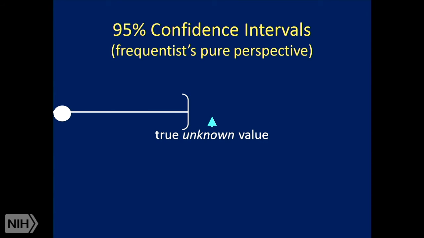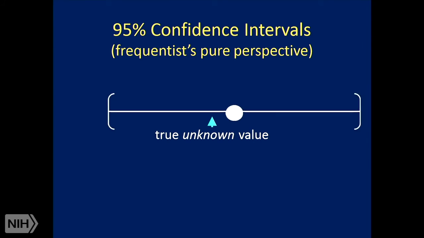So they say, here's the true unknown value, and it is the confidence interval that either covers the true unknown value or does not. So, I find that it's splitting hairs. So the idea is that you're 95% confident that the true value is inside this confidence interval.